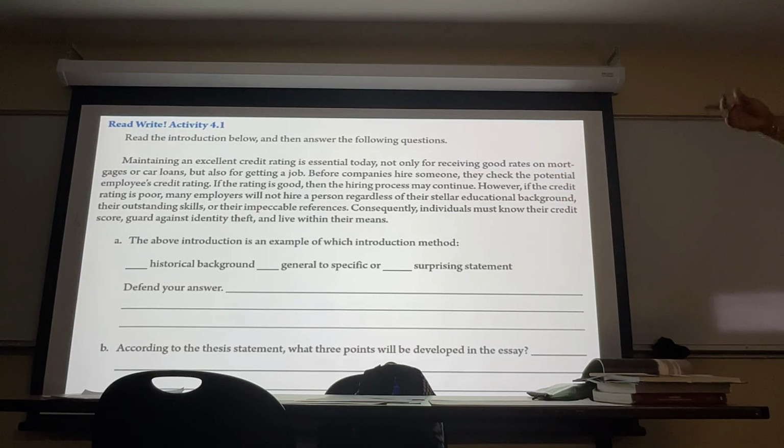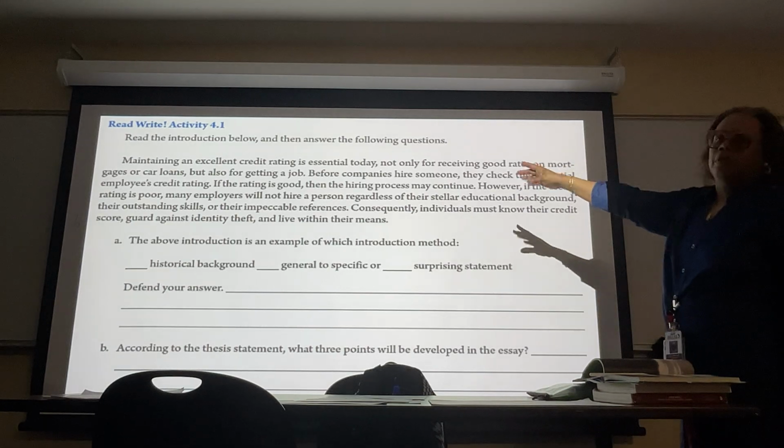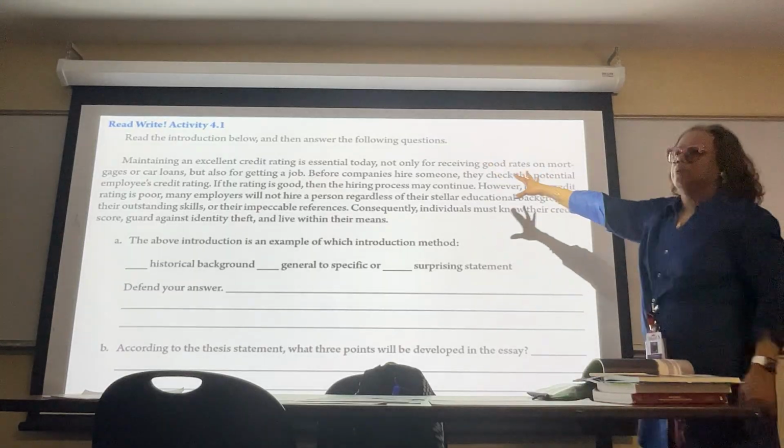So maintaining an excellent credit rating is essential today, right? That's what it's saying. Not only for receiving good rates on mortgages or car loans, but also for getting a job. So it looks like they took that information and added more information about it.